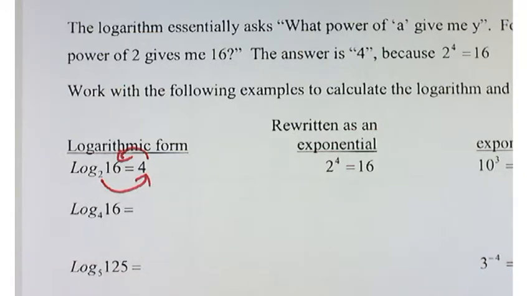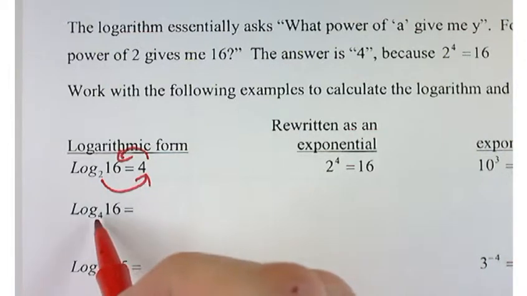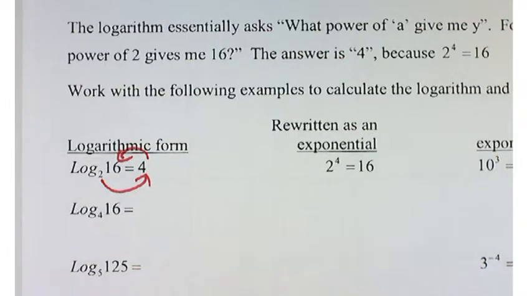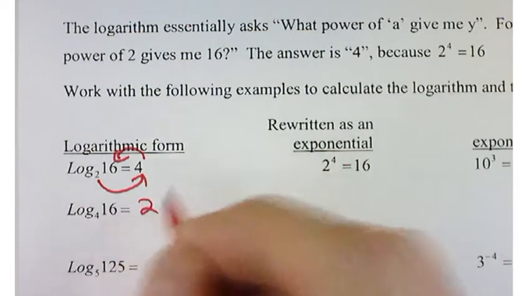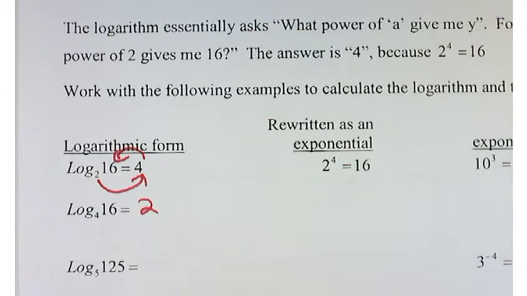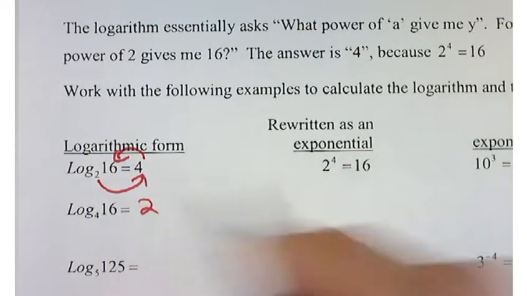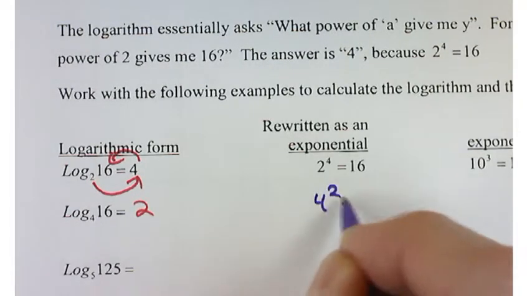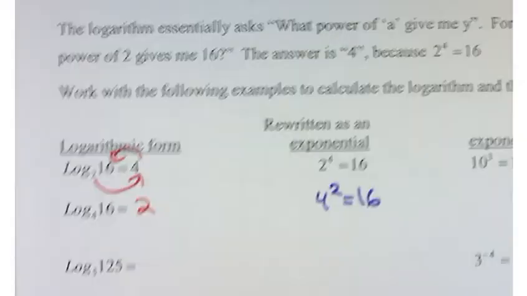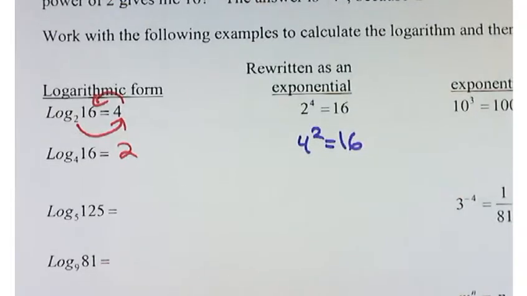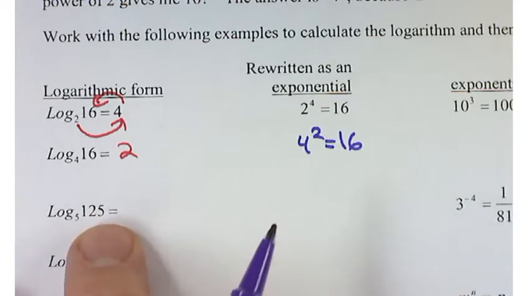Let's try the one below that. What power of 4 gives me 16? 2. And equivalently, if you're to write it with exponents, 4 to the 2nd power equals 16. Now don't make too much about the symmetry here. There's nothing really much to read into that. Let's move down to the next one.